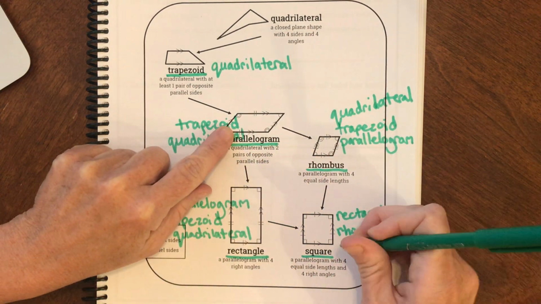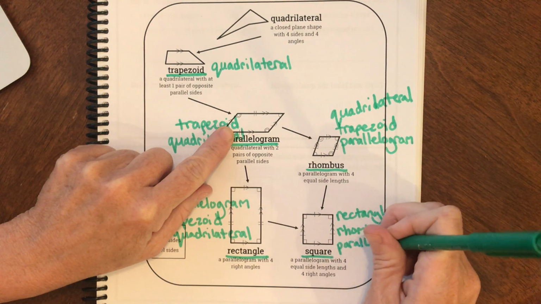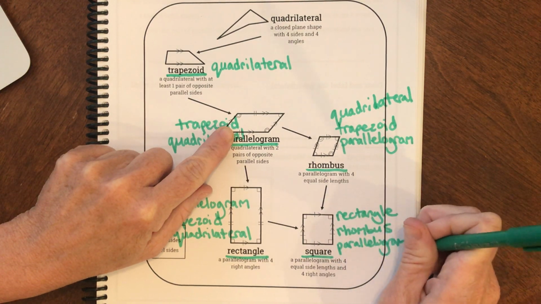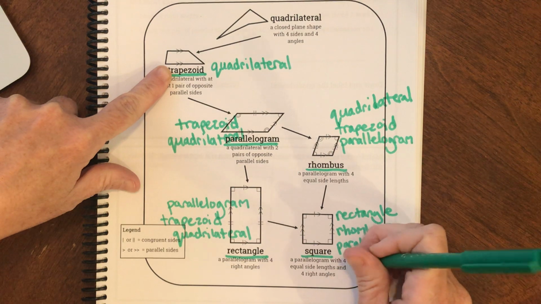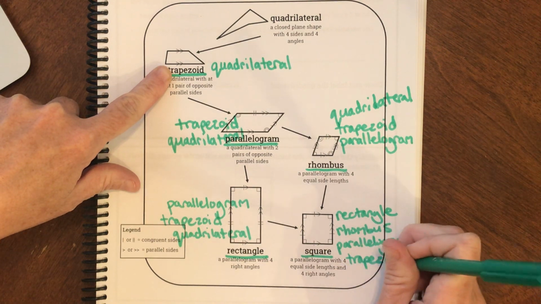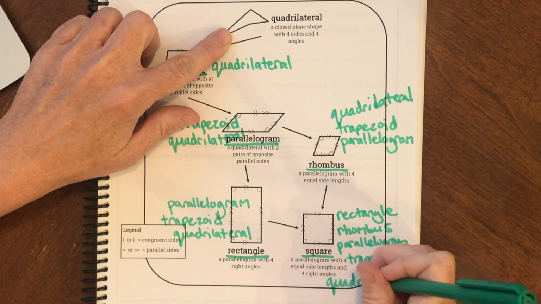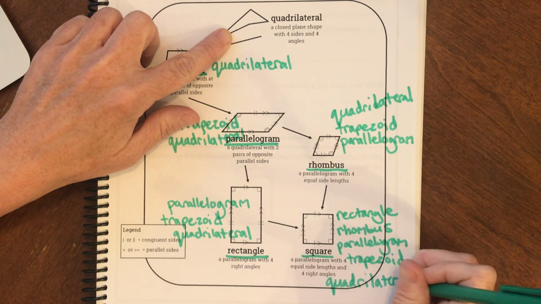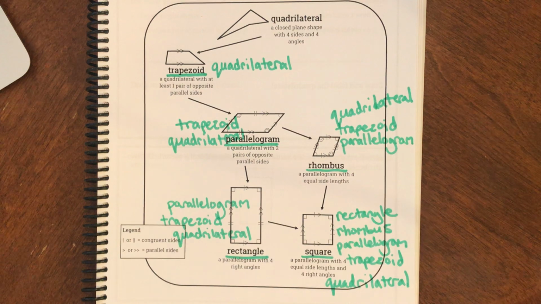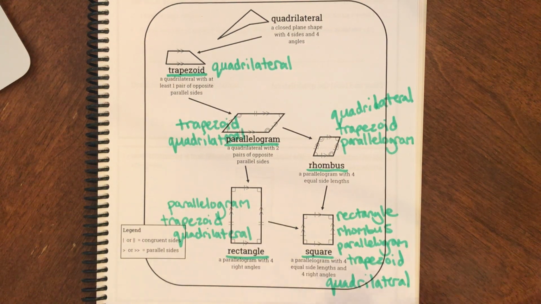It also follows the rules of a parallelogram. It also follows the rules of a trapezoid. And it follows the rules of a quadrilateral. So all of those names work for the square. The square is its best name or its most specific, but these all work.